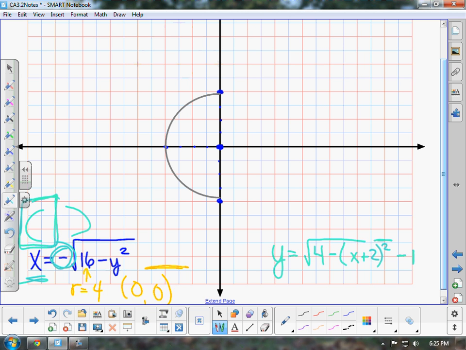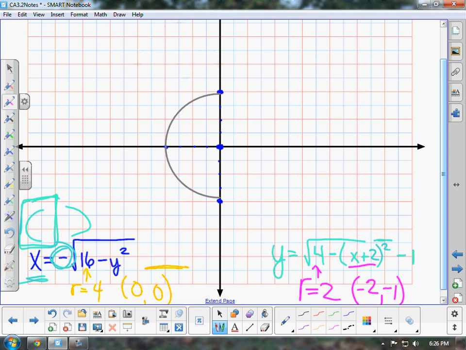In our second example over here, we have 4 as that number, so the radius is going to be 2. And because it's x plus 2, then our center is going to be at negative 2, negative 1. Because that number on the outside, you use it. This one, you use the opposite.